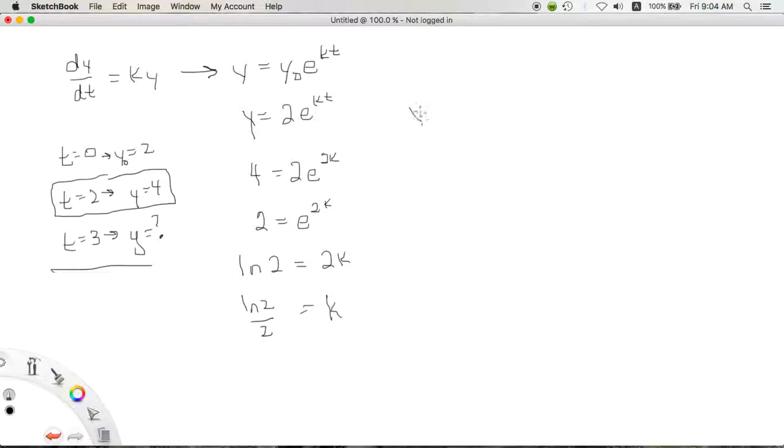So we'll have y equals 2 times e to the natural log of 2 over 2 times t is our equation. Now, you can simplify this down some because we've got that natural log there.